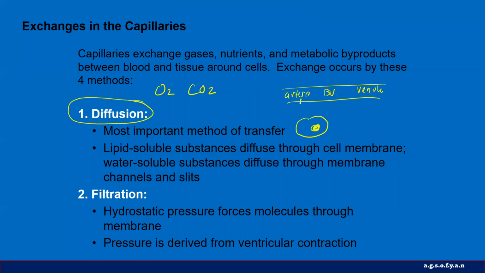The oxygen will just diffuse from the arteriole side to the cell in our tissue over here, and the carbon dioxide will just diffuse out from the cell to the venule side over here. So that's the diffusion. Simple, from higher concentration, because we have a lot of oxygen on this side, going down to the cell, and the cell will have a lot of carbon dioxide, and this carbon dioxide will diffuse out from the cell to the venule, to the blood vessel.